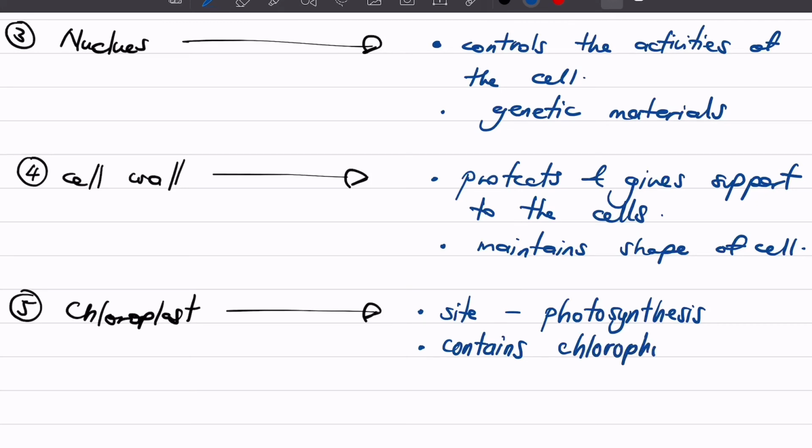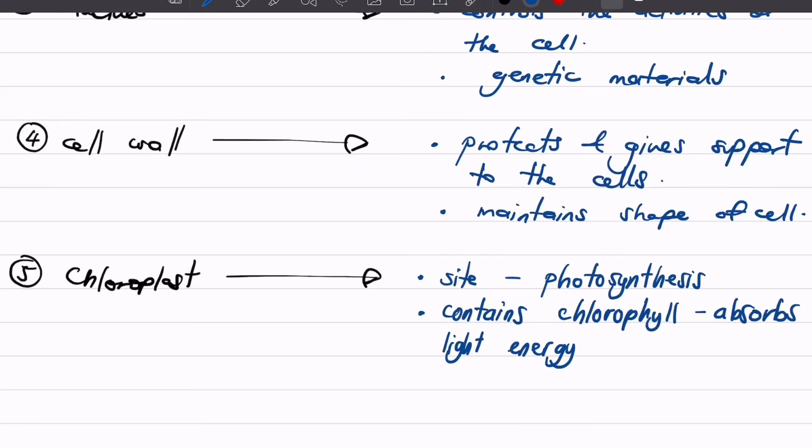It contains chlorophyll which absorbs light energy from the sun to make food.